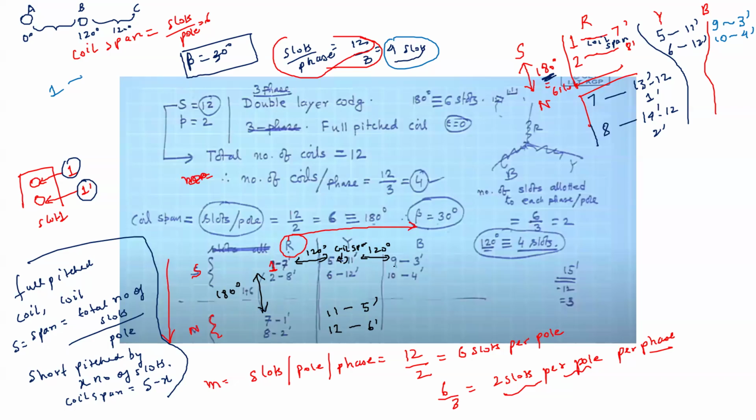So here this is 9 to 3 dash. 9 plus 6 is 15, which is not possible, so it will be 3, and from 3 to 6 is 9, 9 dash. Then 4, 4 to 6 is 10 dash. So this is how you will finish your distribution table.